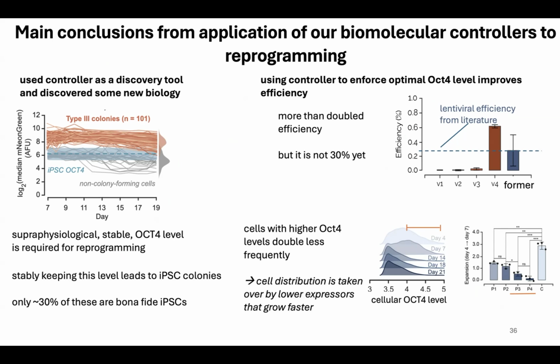In terms of temporal trajectories, yes, we start at the optimal level, but slowly we drift to lower levels. So we are not actually keeping that constant level all the way through. That's ongoing work. If we hope to reach this 30%, it's necessary to mitigate the influence of OCT4 expression on doubling time, which is also reported in the literature.